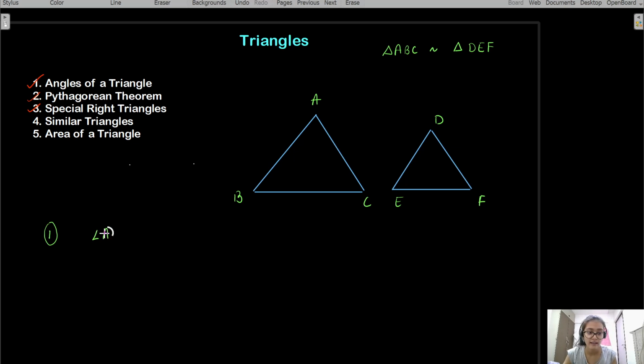So angle A will be congruent to angle D, angle B will be congruent to angle E, and angle C will be congruent to angle F. That's your first concept.